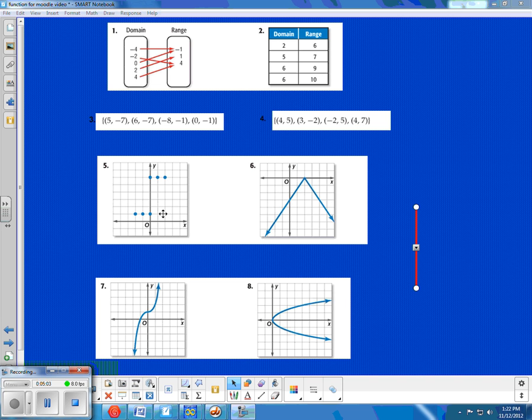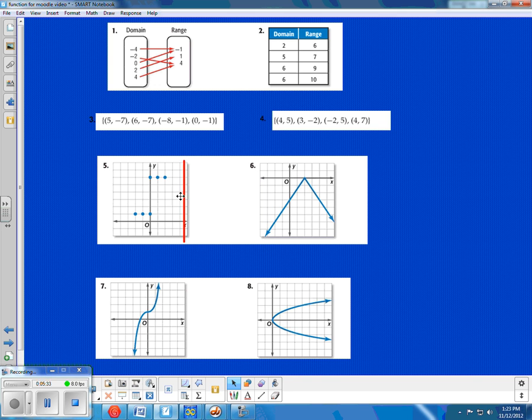These four have a graph, so we're going to use our vertical line test to see if these are functions. So as I take the vertical line and drag it through, notice the two lines only cross at one point. Because the two graphs only cross at one point, then number 6 is a function.